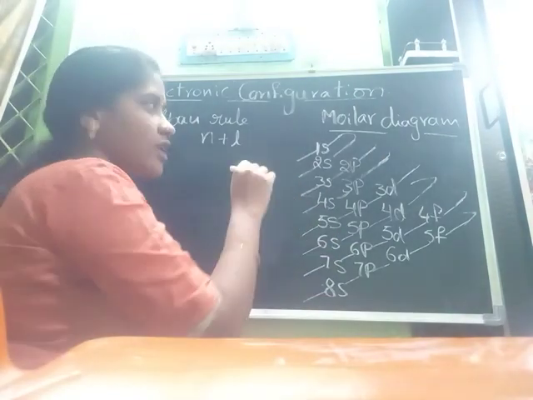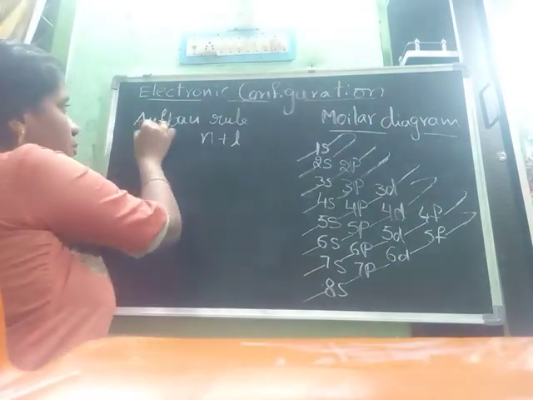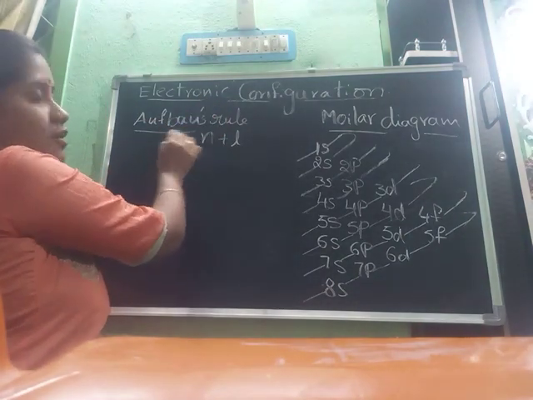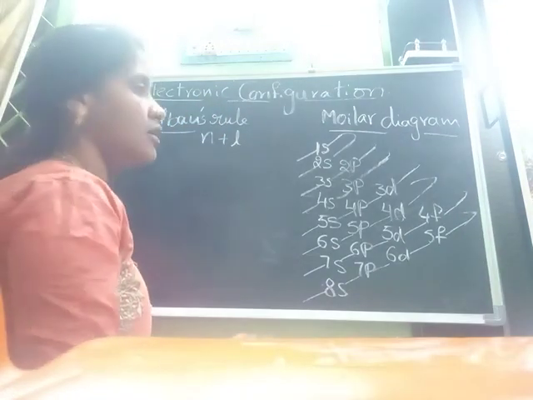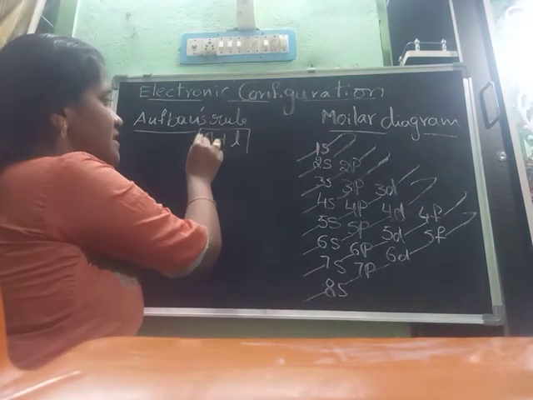What is the reason why electrons should enter in that way only? It should follow the Aufbau principle. Okay, what is that? The Aufbau rule: we have to take the n plus l value.